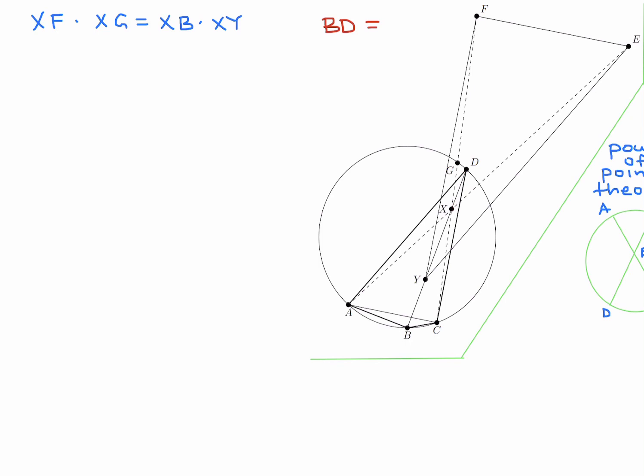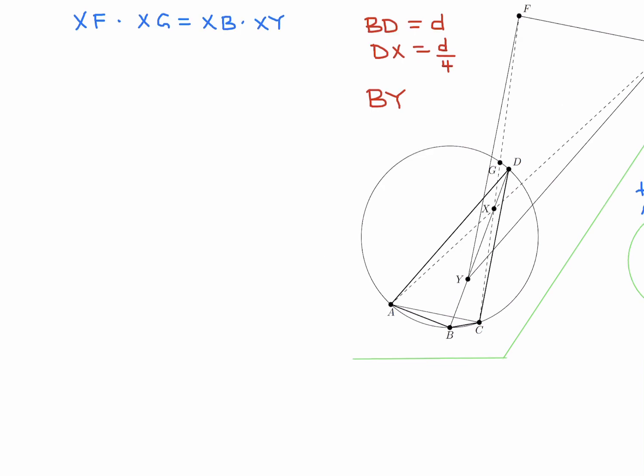That was told to us in the question stem. So I'm just going to call it d, and therefore DX I can call d over 4. I'm just going to use d as a variable. They also told me a relationship between BY and BD. They told me that BY is 11 over 36 BD. So I can write BY is 11 over 36 times d.